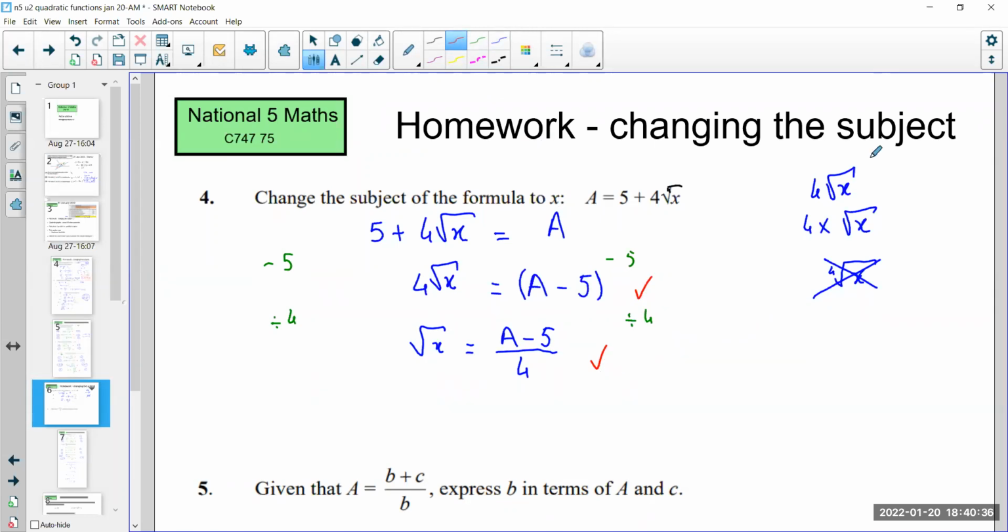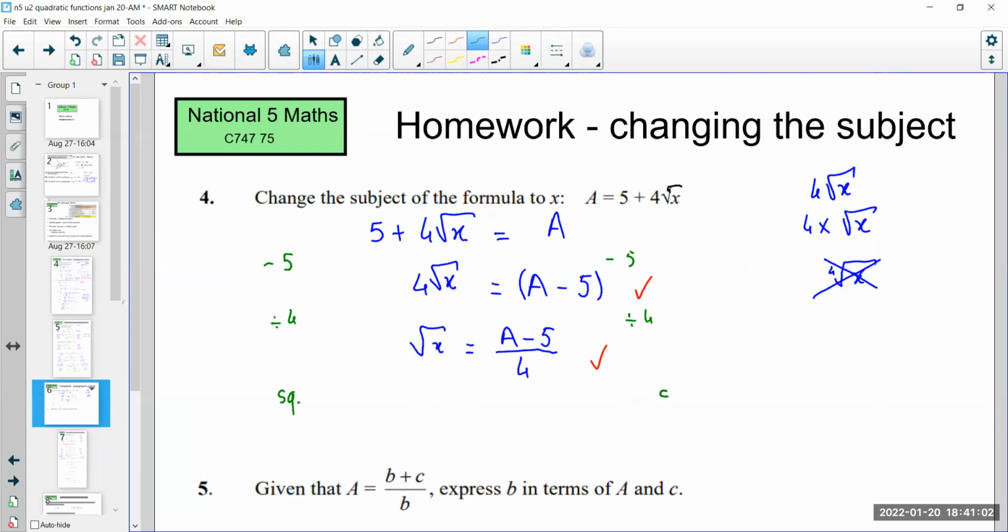Now, we said earlier on, when I've got a square, to undo a square, use square root. If you've got a root, what is the inverse of square root? Squaring it. So that's the opposite.